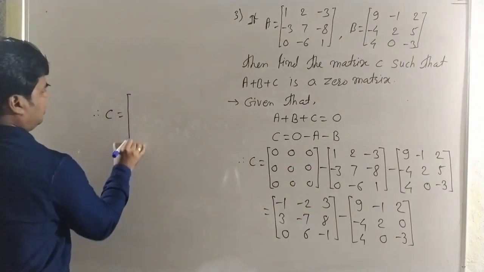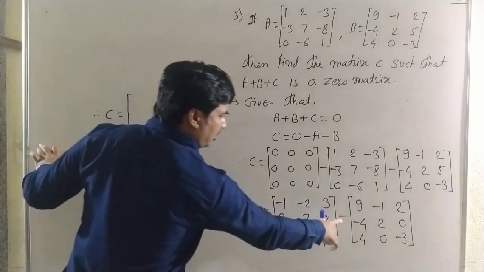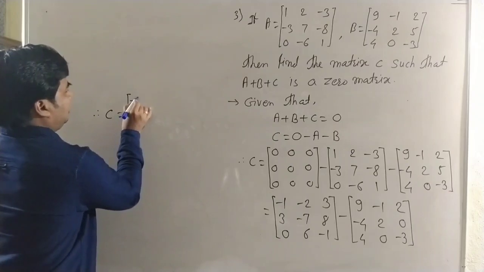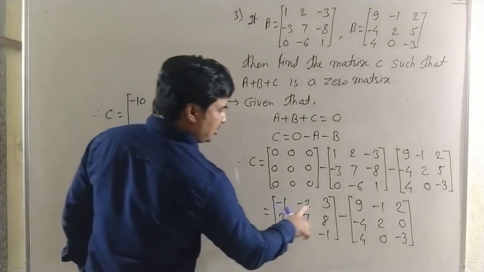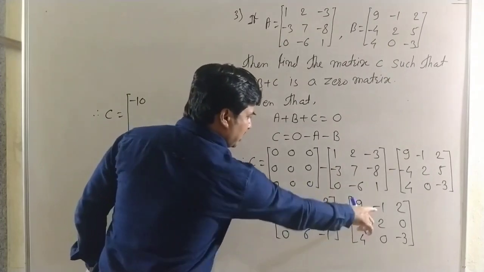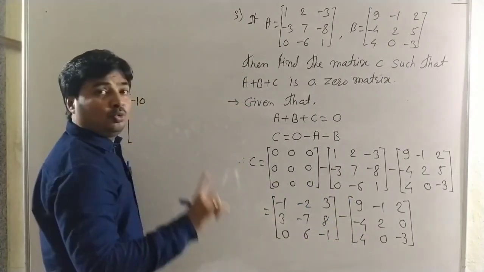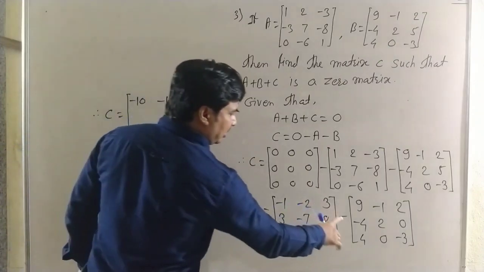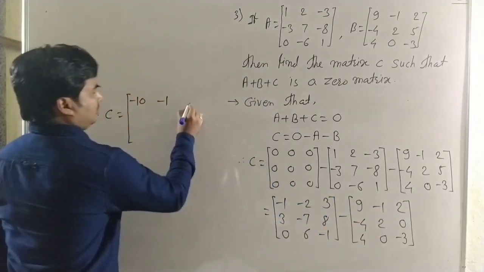The last answer is C is equal to the subtraction. Minus 1 minus 9, it is minus 10. Minus 2 minus minus 1, that means minus 2 plus 1, and it is minus 1. Then 3 minus 2, it is 1.